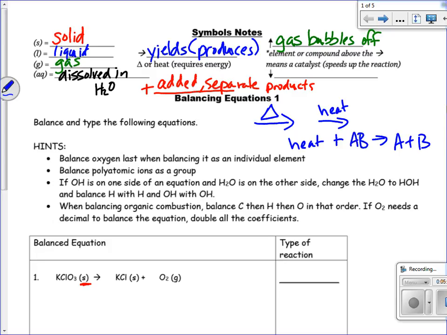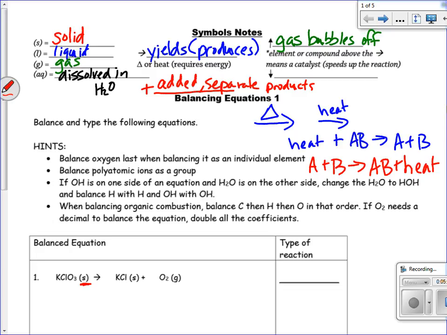So you can see heat pretty much anywhere in the equation. And remember, as we discussed before, if you add heat in, it's going to be endothermic. And if you have heat as a product, where it's releasing energy, something like this, okay, then it would be exothermic.